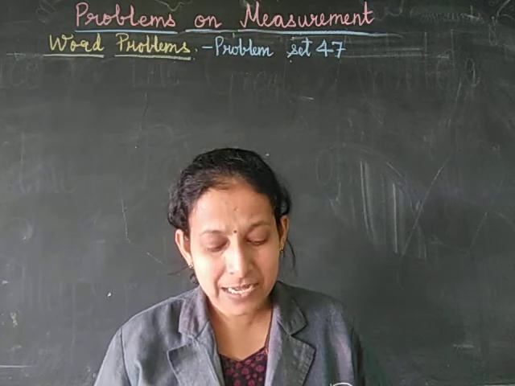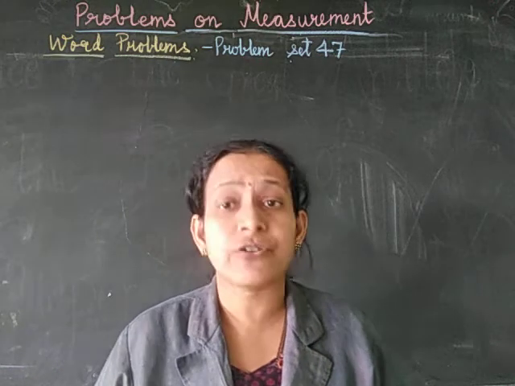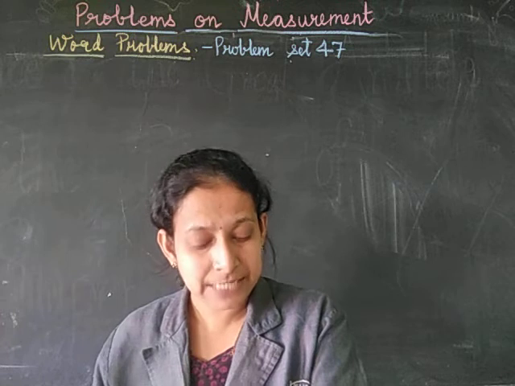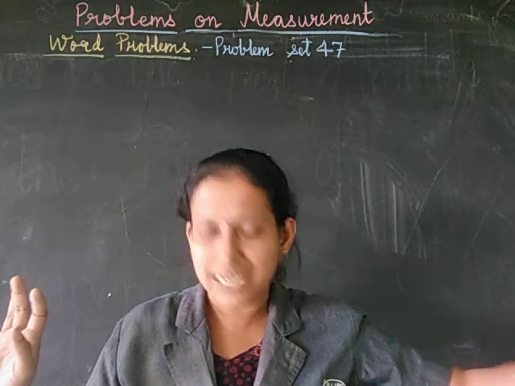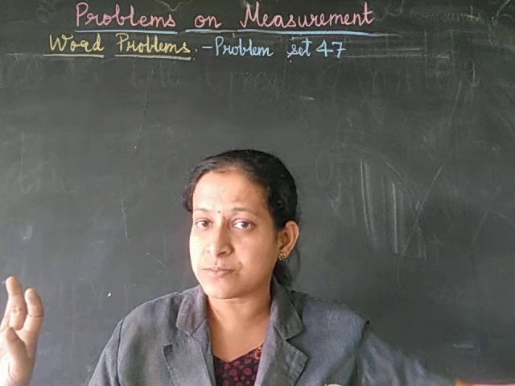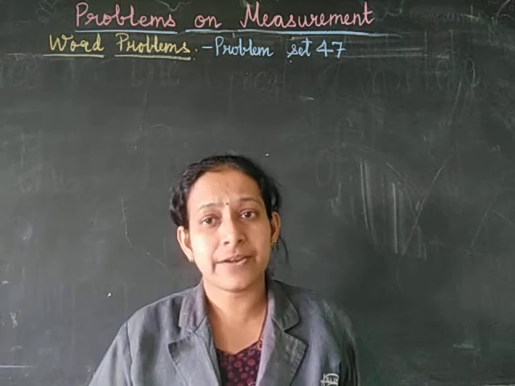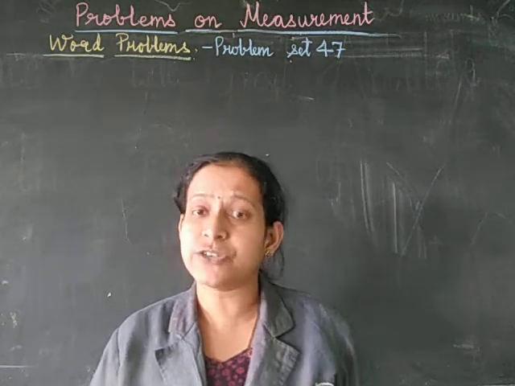And 28 liters 800 ml to the children in an orphanage. So around 28 liters 800 ml he gave to the orphanage. Then how much milk did Ajay donate?